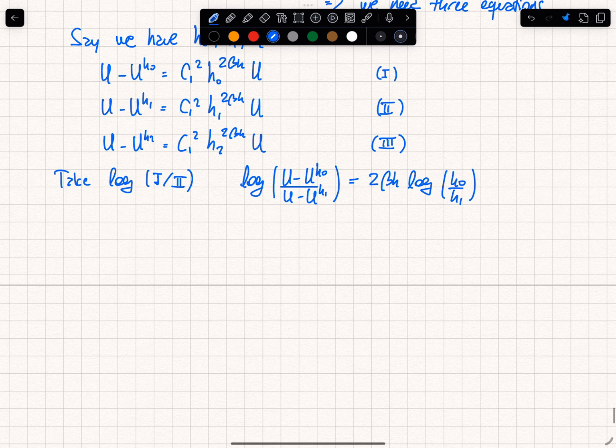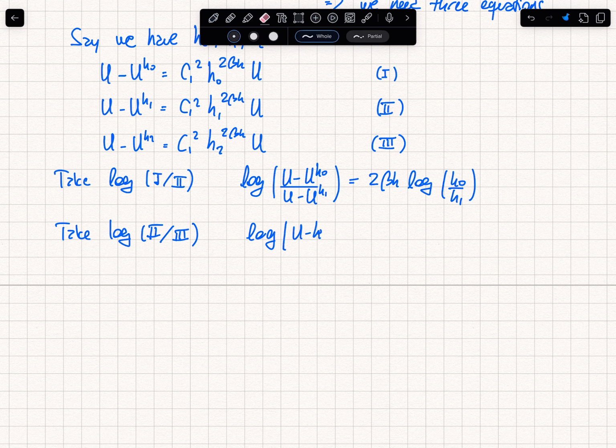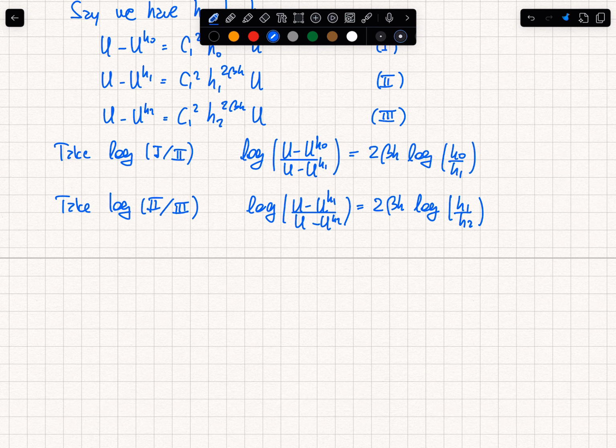And when I take the log, I take down the exponent. I can do the same, and I can take the log of 2 divided by 3. Then I get the log of U minus UH1 divided by U minus UH2, and then I have the same thing here, 2 beta H log of H1 divided by H2. So this is going to be my equation 4. This is going to be my equation 5.